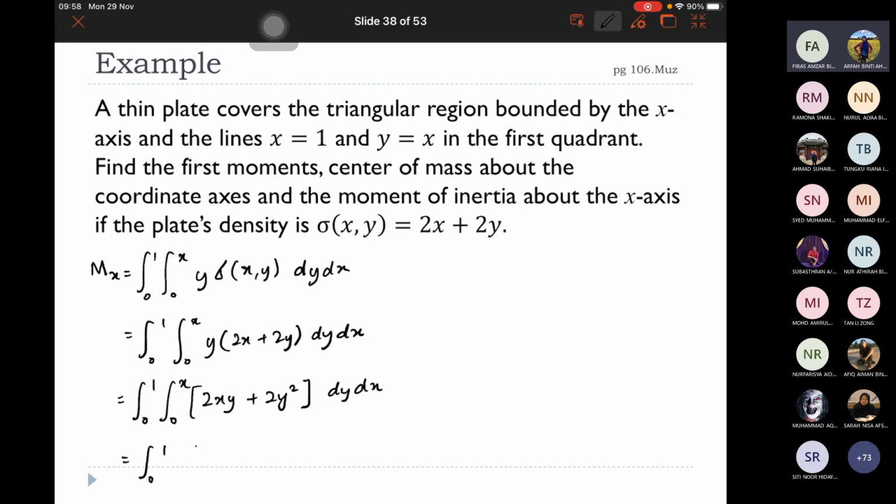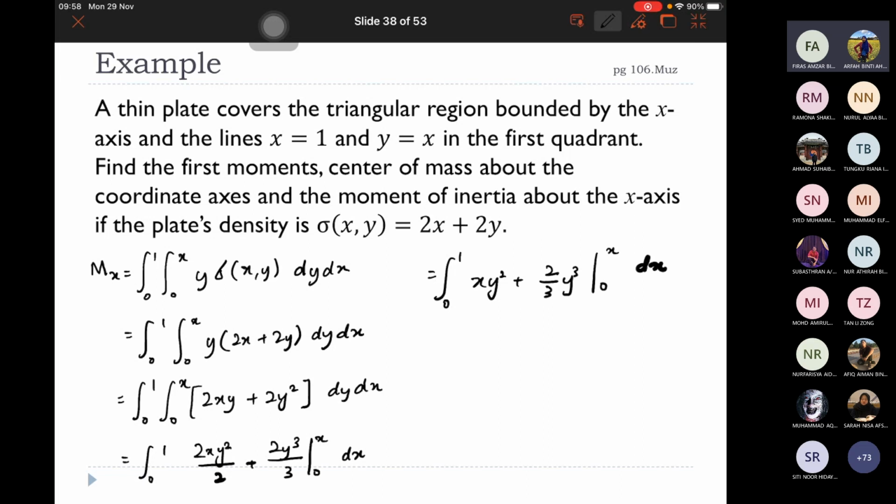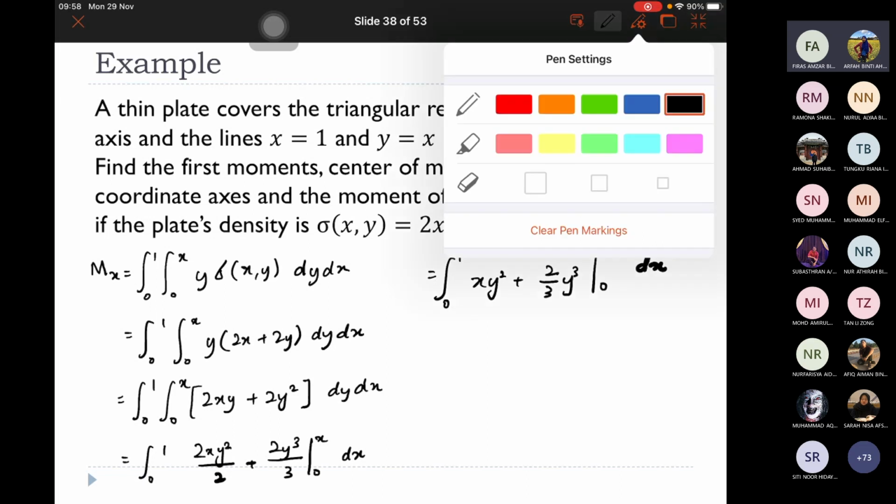Integration 0 sampai 1, 2xy kuasa 2 per 2 tambah 2y kuasa 3 per 3, 0 sampai x dx. It will be equal to 0 sampai 1, x y kuasa 2 tambah 2 per 3 y kuasa 3, 0 sampai x dx. So, kita gantikan y dengan x.